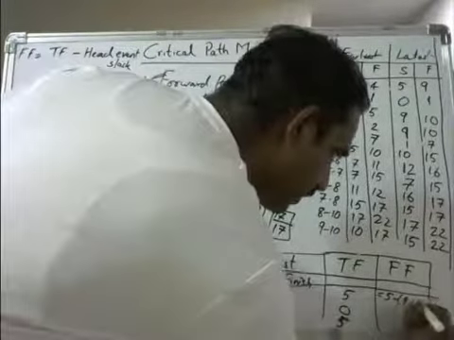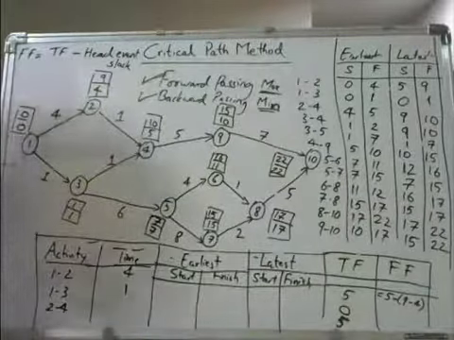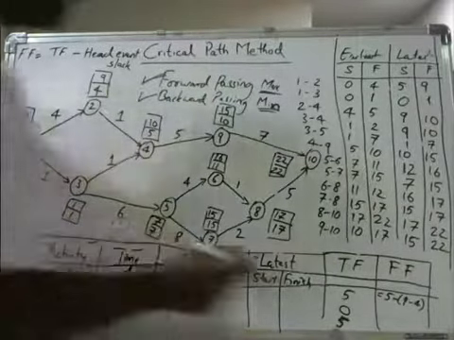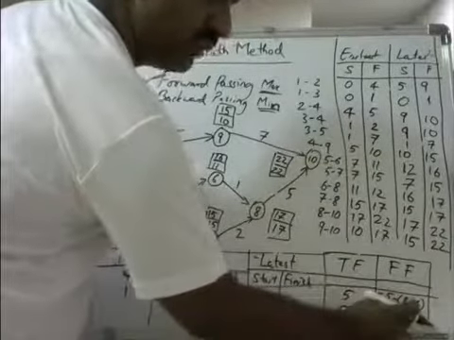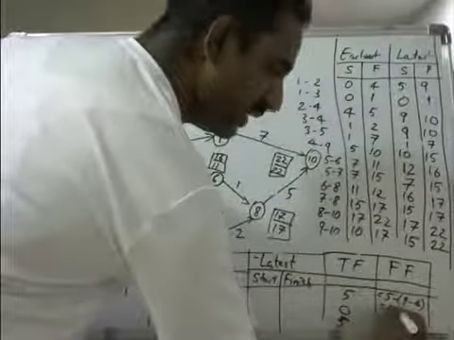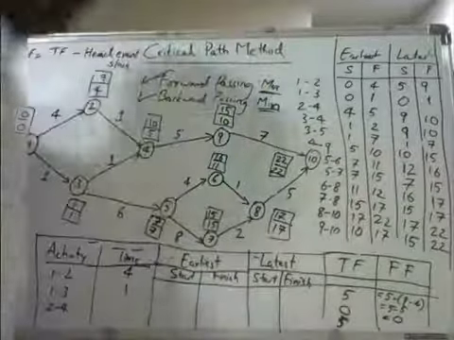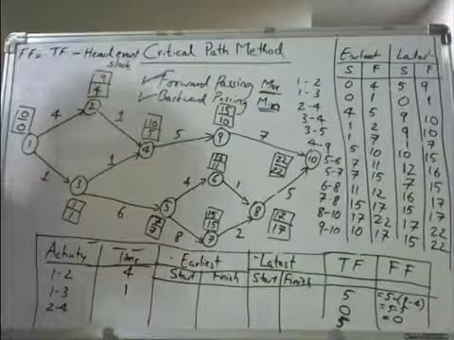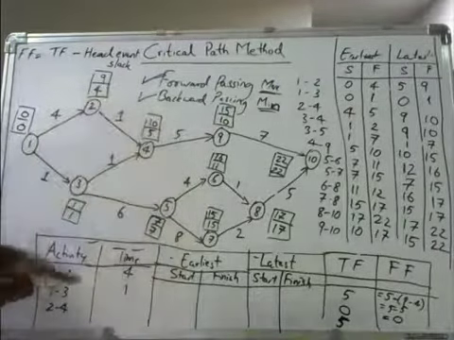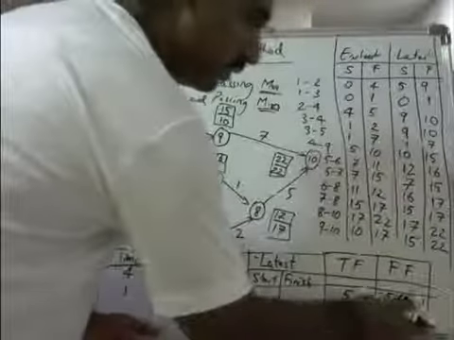So 5 minus 9 minus 4. How much is the free float? I should calculate first. 9 minus 4 is 5. So this is equal to 5 minus 5, which is 0. So for the first activity 1 to 2, the free float is 0.